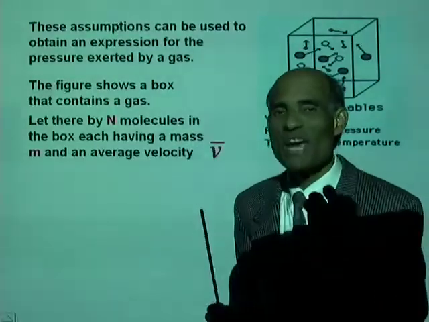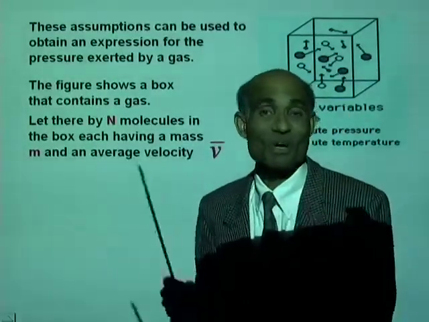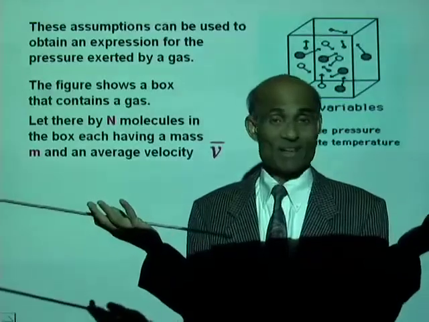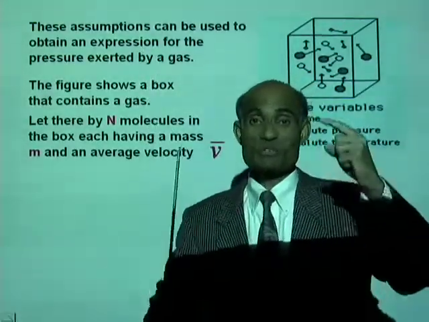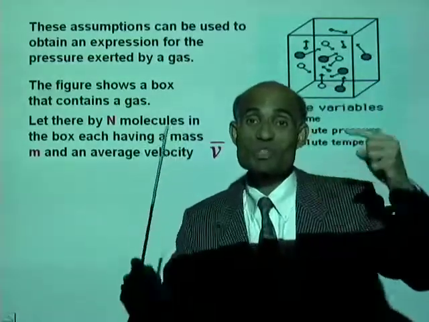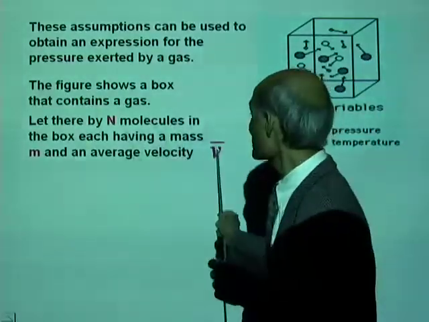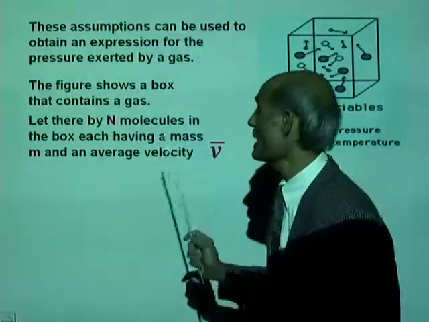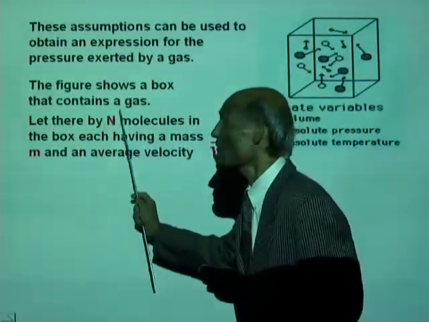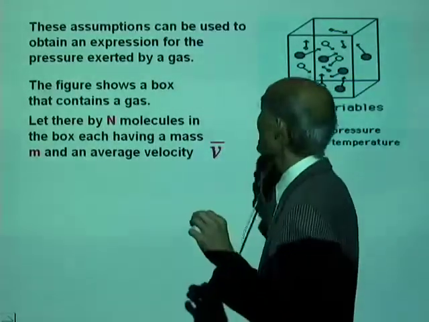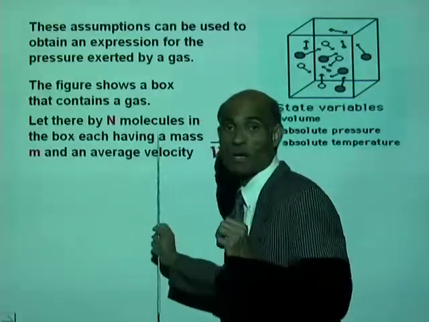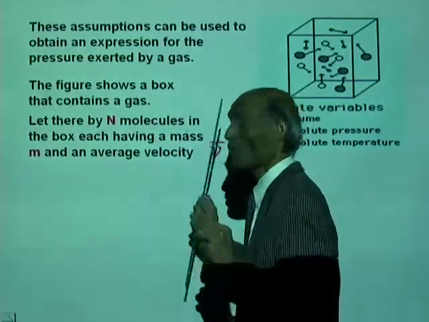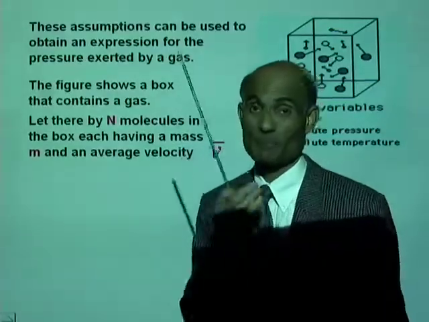Now why do we have to say average velocity? Because not all molecules have the same velocity. They all have different velocities. The distribution of velocities will keep changing. So we will take for our purpose that there are a total of n molecules in the container. Each molecule has a mass m and has an average velocity v bar.